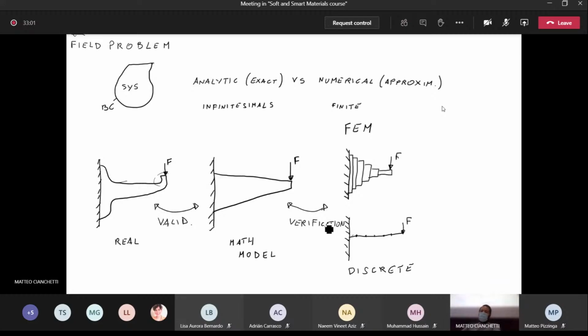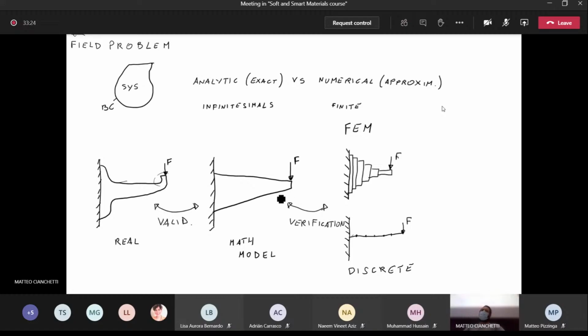And this is the step where you have to guarantee that the physics that is behind, so the kind of equations that are used to solve the problem, are the right ones from a physical point of view. The good news is that this step is usually guaranteed by the software itself.